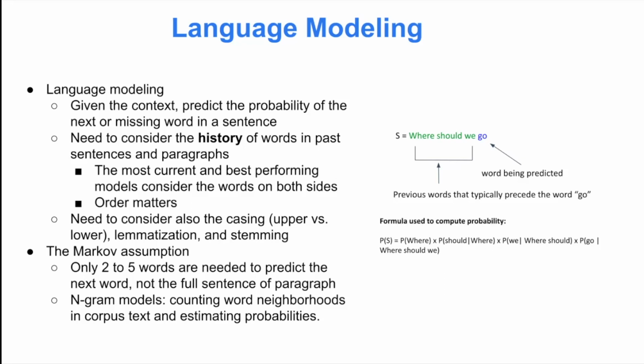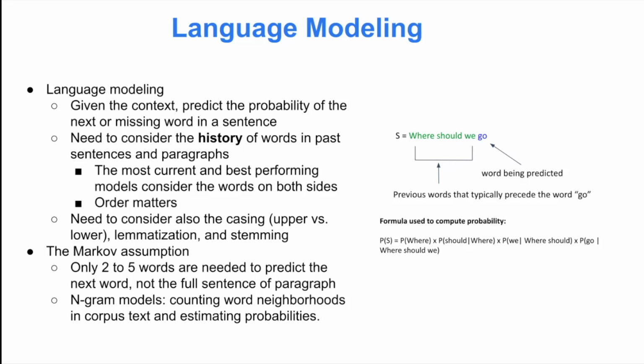Because the context on both sides of a word matters to its meaning. And additionally, the order of those words can be very important. And then other things to consider, like we talked about previously, are casing and word form, with lemmatization or stemming.